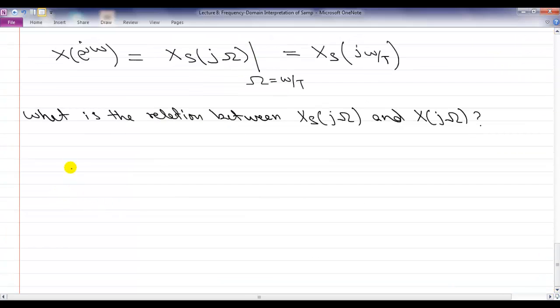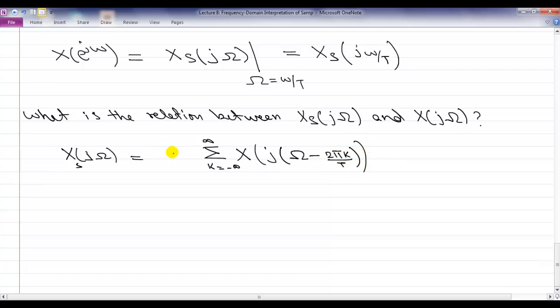The relationship that had come out was that Xs(jΩ) simply consists of multiple copies of X(jΩ), my original signal, X(j(Ω minus 2πk/T)), and there is a scaling of the amplitude by 1 over T. So we know this fact.